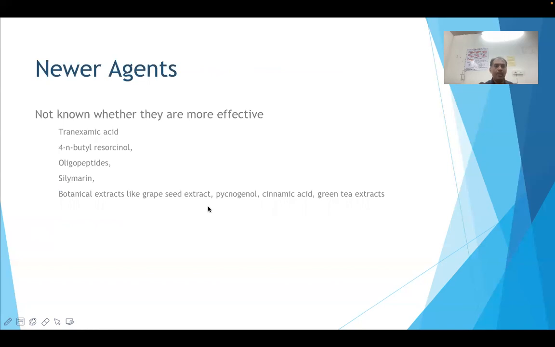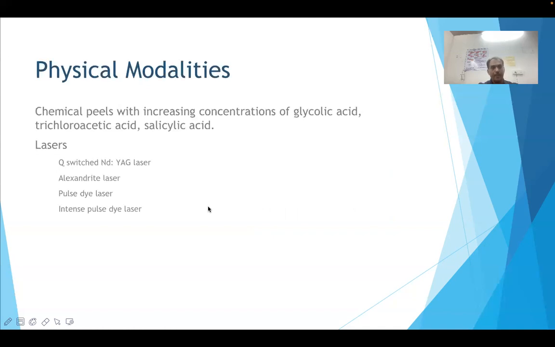The newer modalities such as tranexamic acid, 4-n-butyl resorcinol, oligopeptide, silymarin, and botanical extracts are also widely used in the treatment of hyperpigmentation, but as a sole agent, none of them is effective. These can be given as adjuncts to the above discussed therapies.